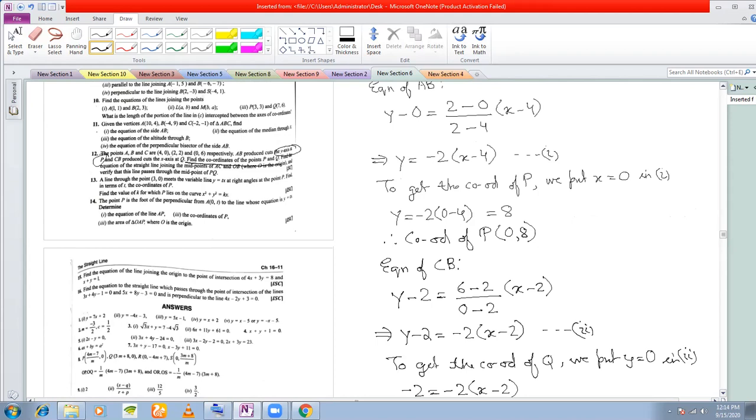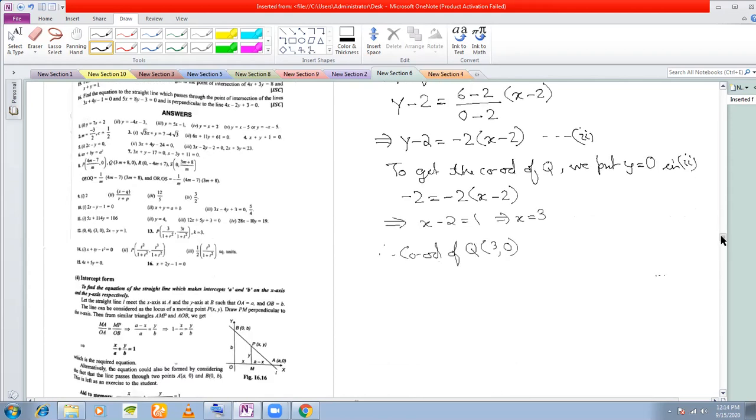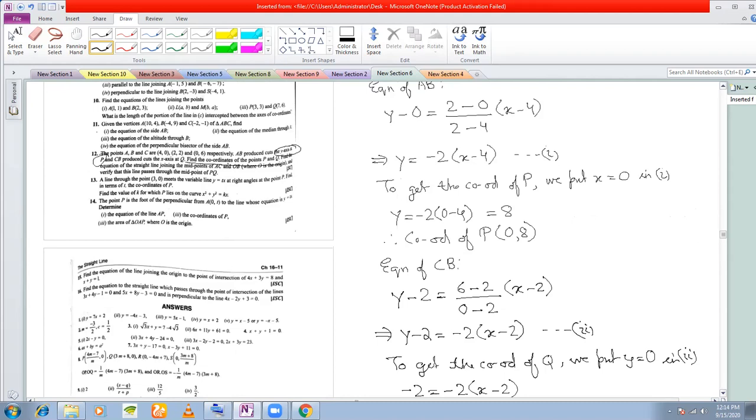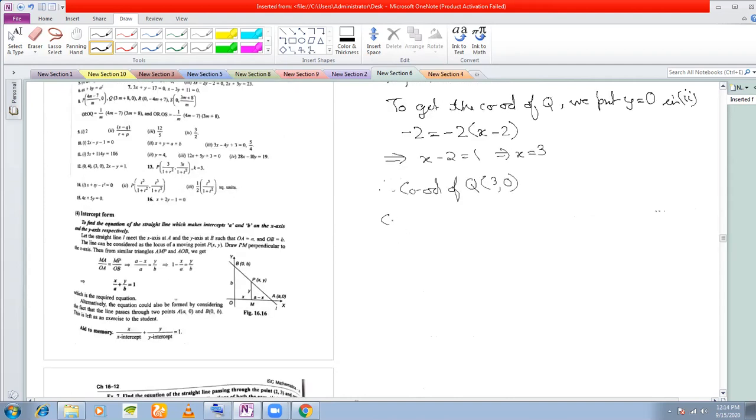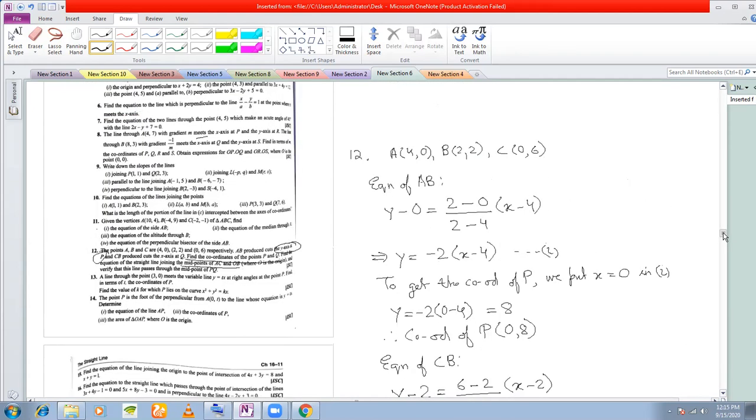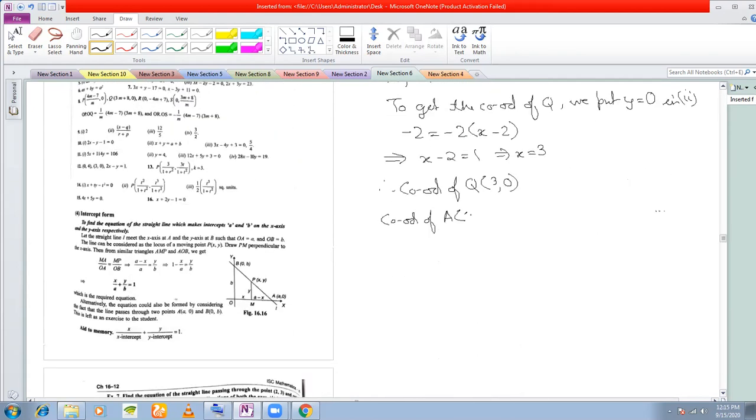Next is find the equation of the straight line joining the midpoints of AC and OB. In order to find the equation of the line joining the midpoints of AC and OB, first we need to find the midpoint of AC. So what are the coordinates of A and C? Coordinates of A is 4, 0, and the coordinates of C is 0, 6.